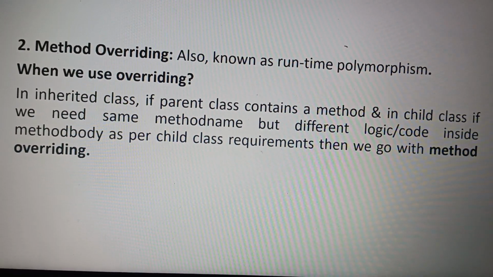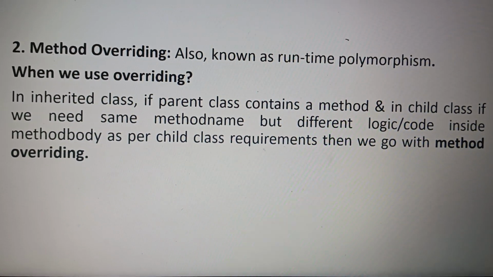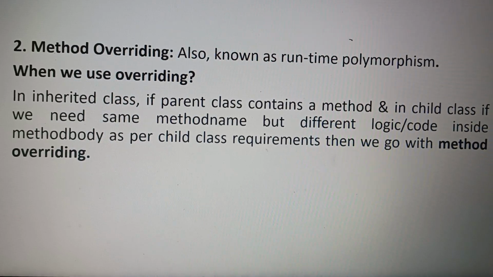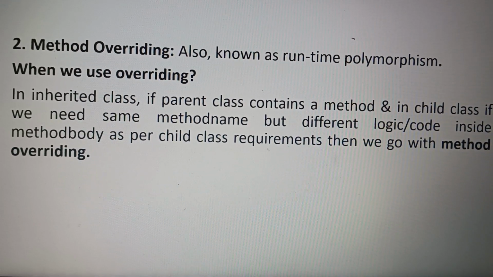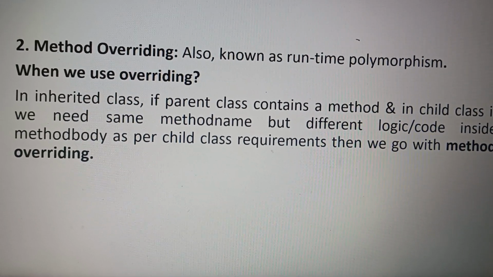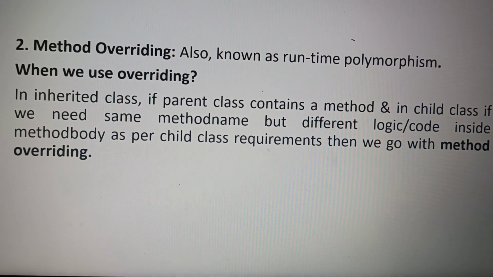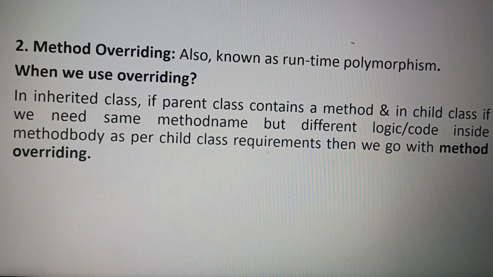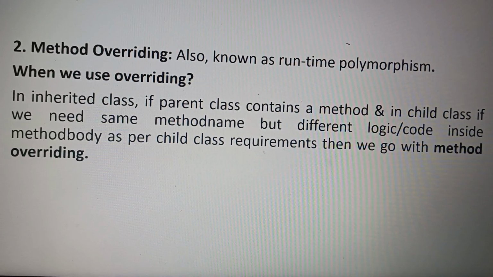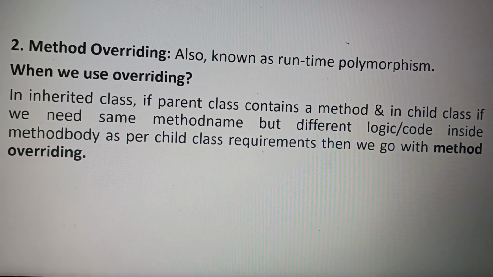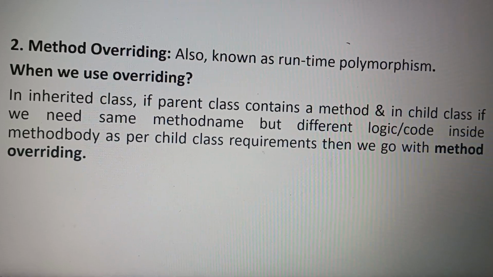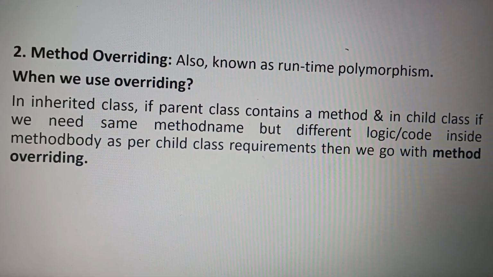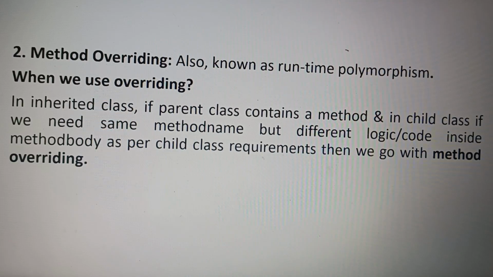Then next concept for polymorphism, that is second type of polymorphism, that is method overriding. The method overriding is also known as runtime polymorphism. So basically when we use overriding, the question arises, when we are using the inheritance concept, as we know, in inheritance concept there are two different classes.